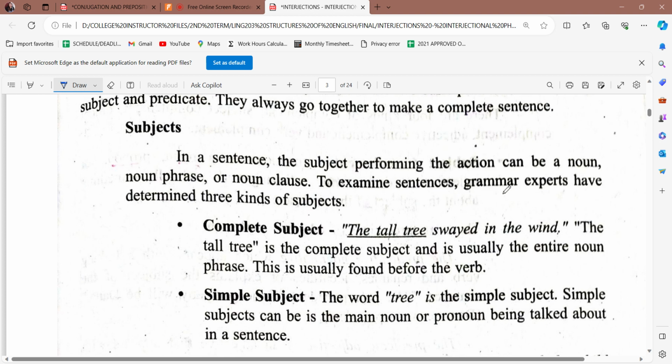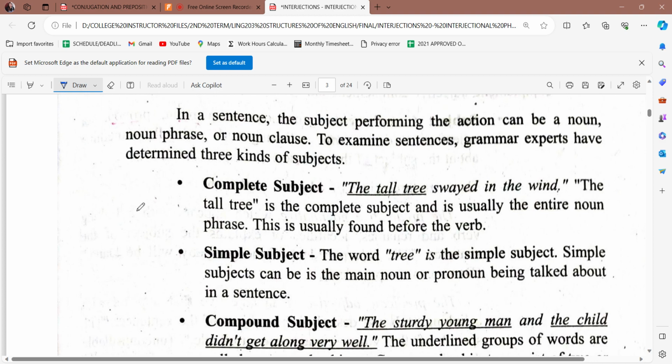To examine sentences, grammar experts have determined three kinds of subjects. We have the complete subject, the simple subject, and the compound subject. In the complete subject, example: the tall tree swayed in the wind.